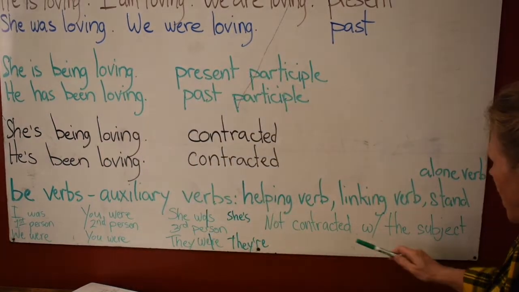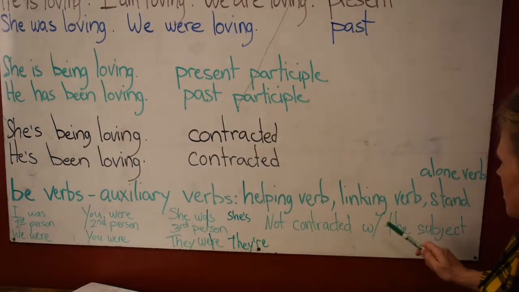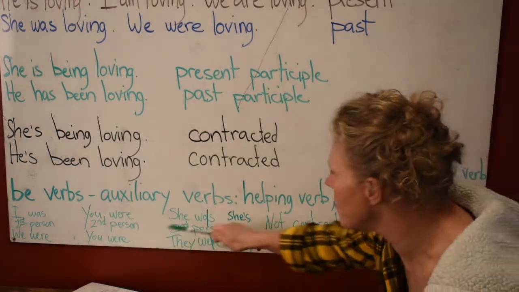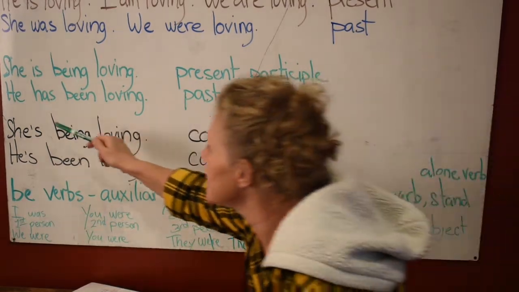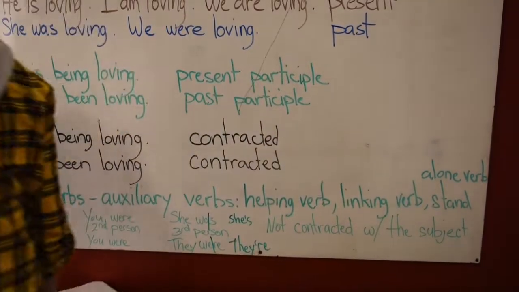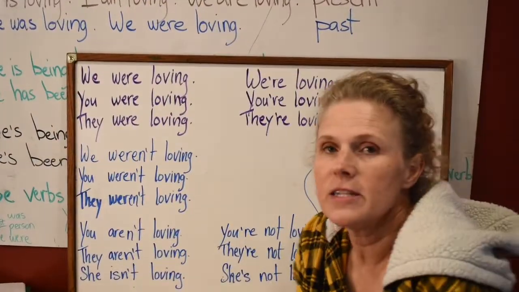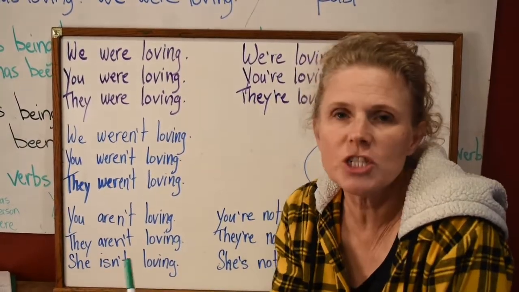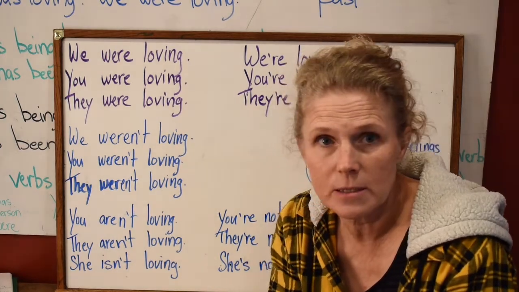You do not contract with the subject when it's in the past. You do that when it's in the present. Isn't that interesting? I just think it's so fun to remember that so many changes happen when it's sitting in the present.